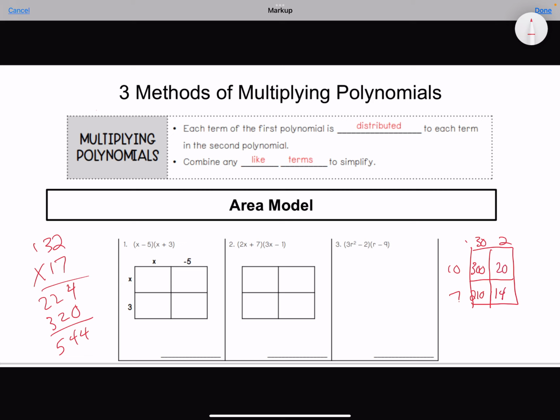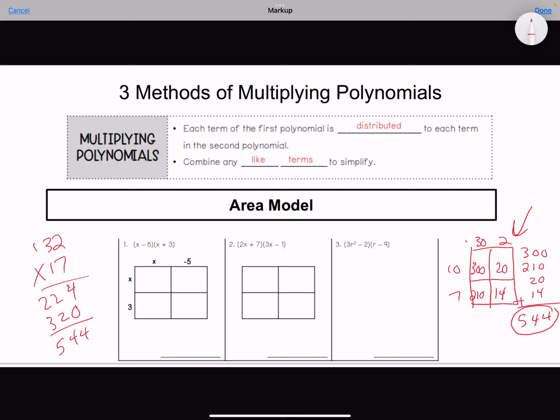And then they're adding the parts together, so the sum of the whole. So I have 300, 210, 20, and 14. And we add, so we have 544.